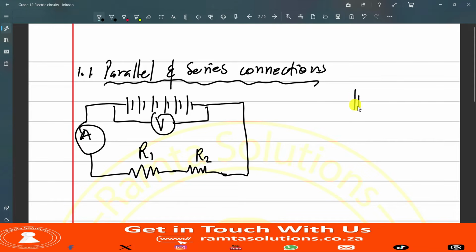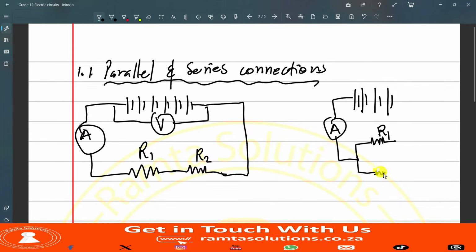Now let's look at a parallel combination. So for a parallel combination, once again I will say this, and then I'm going to say this one here. Then I'm going to say R1, and then R2. Okay, nice. And here I'm going to say potential voltmeter, sorry.